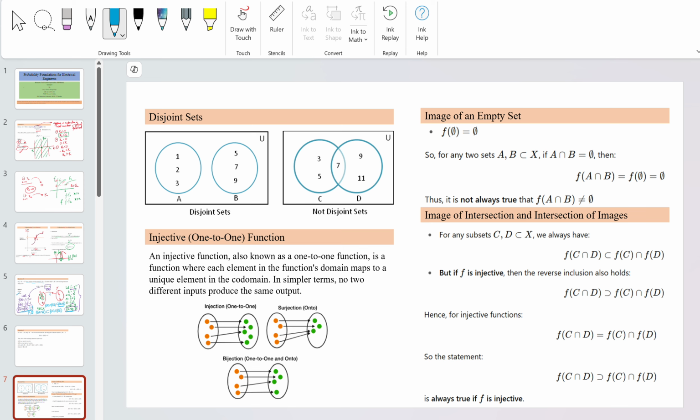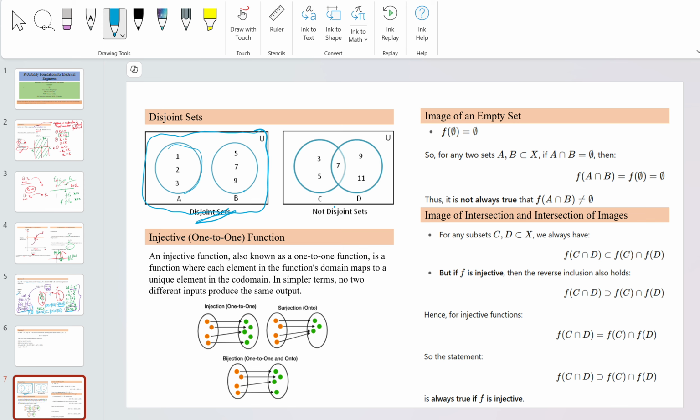When you say there are sets A and B, A has elements 1, 2, 3, and B has 5, 7, 9 as elements. Okay, and this is the union of the sets. When there is no element in common between A and B, that is called a disjoint set, which has no element in common between both sets.